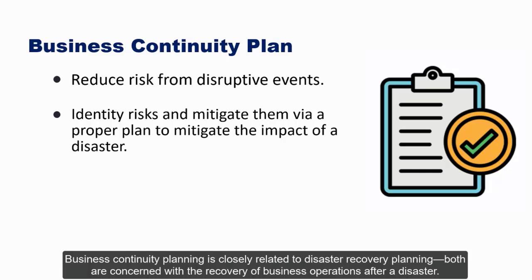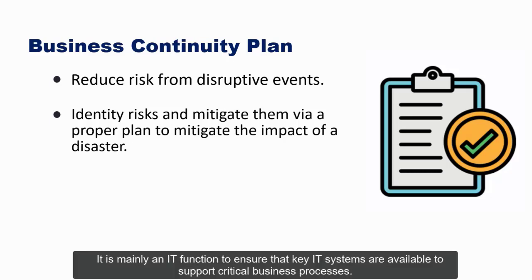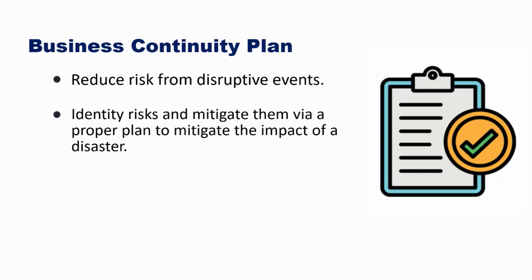Business continuity planning is closely related to disaster recovery planning. Both are concerned with the recovery of business operations after a disaster. DRP is undertaken to reduce risks related to the onset of disasters and other events. It is mainly an IT function to ensure that key IT systems are available to support critical business processes.